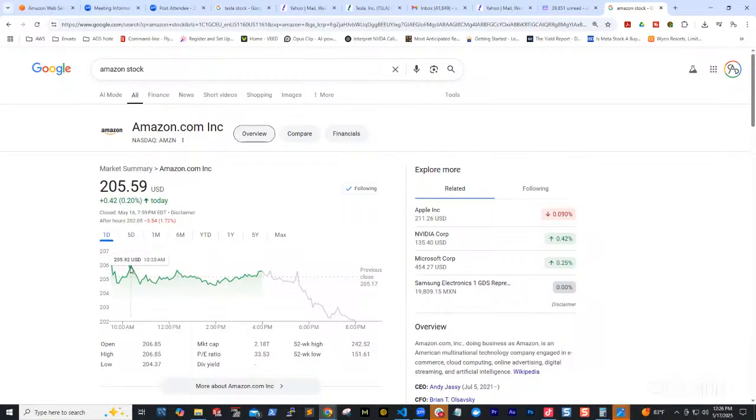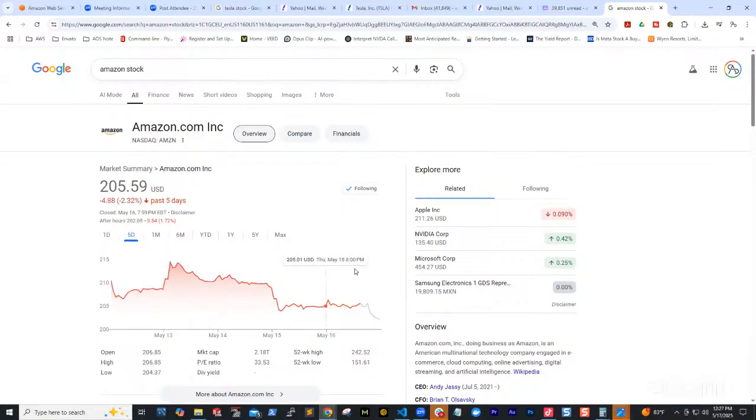So this is what I was saying. Wait, no, that's the day. Let me do 5 day. Okay, right. On Monday, we went here. So Monday, I was already making money. I left it to Tuesday. You see here, it was at 214. I remember clearly, and my strike price is 217.